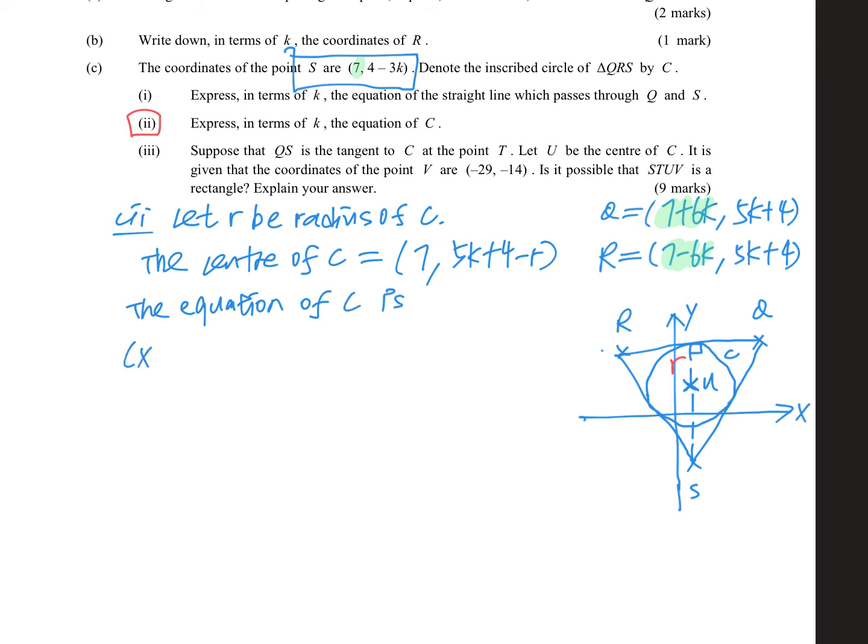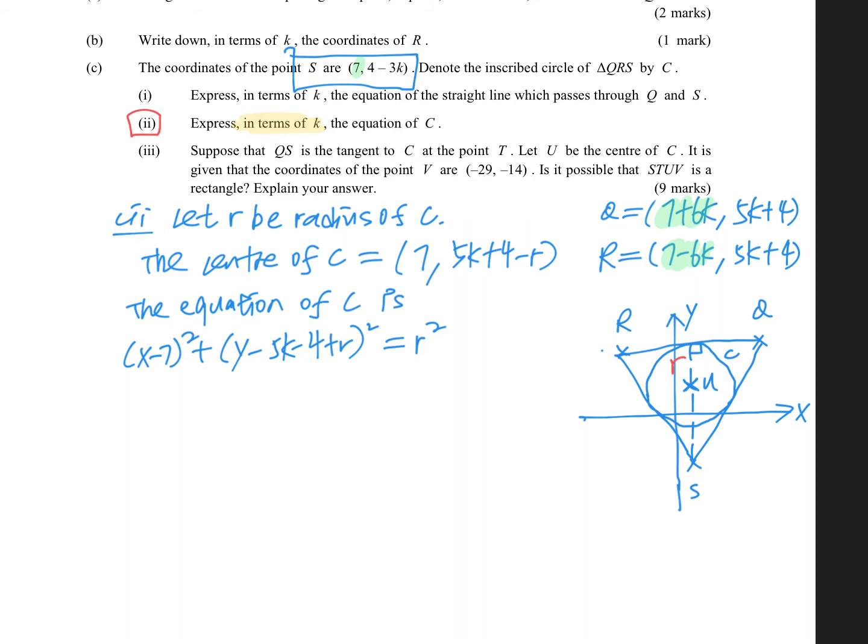So that will be x minus 7 whole squared, plus y minus, you need to simplify a little bit, 5k plus 4 minus R, all squared, equals R squared. So this equation of the circle will be in terms of R and k, but as you can see from the question, the task is just in terms of k, not in terms of k and R.